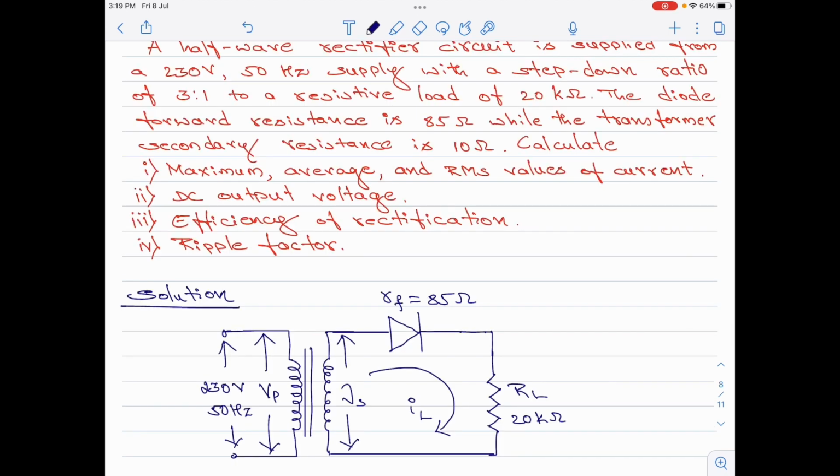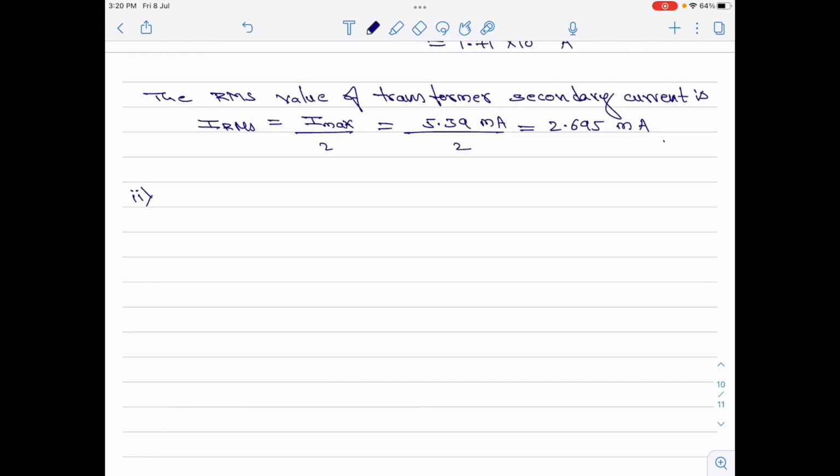Let us now move on to part B, which is to find the DC output voltage. This one is pretty simple because the equation for DC output voltage is simply the DC output current multiplied by the load resistance. Let me denote the DC output voltage as VDC, and as I said, this is equal to IDC or I average multiplied by load resistance RL.